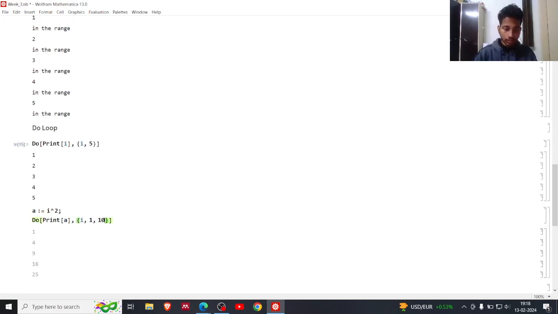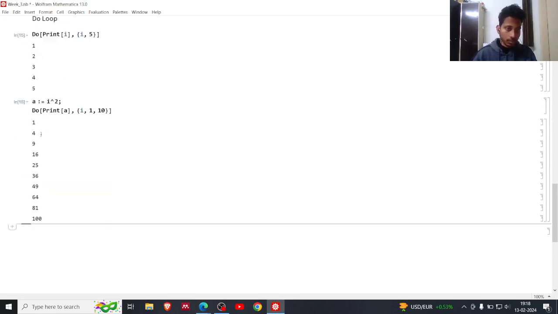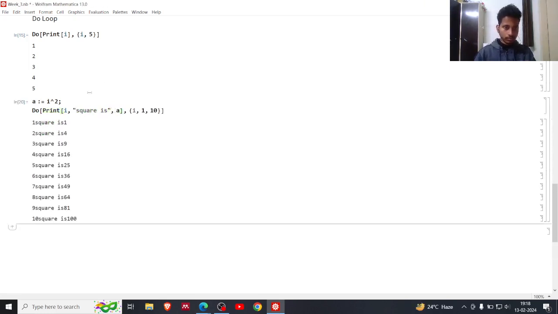Now we have the squares 1 4 9 16 25. Yeah, now it looks better using do loop.